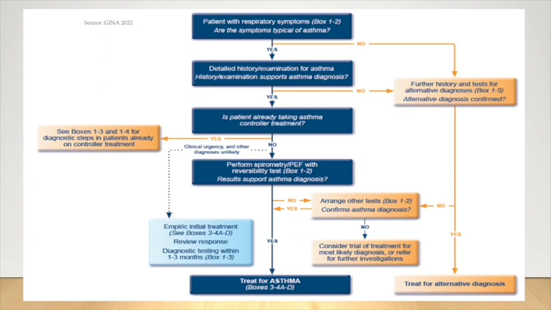Let me summarize this quickly. If a patient with respiratory symptoms like cough, breathlessness, chest tightness, and wheezing comes to you and you feel the symptoms are suspected for asthma, you take a detailed history and see if it supports asthma.